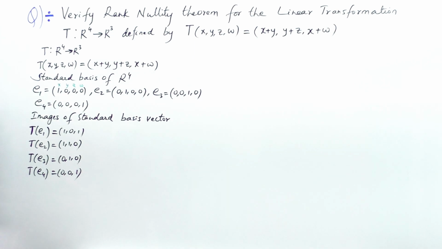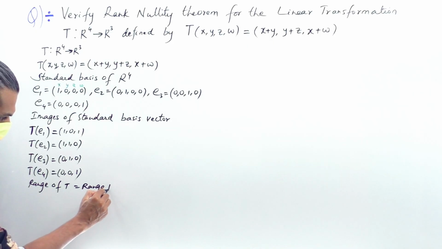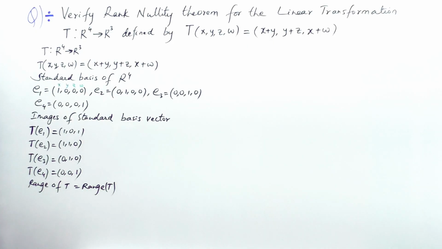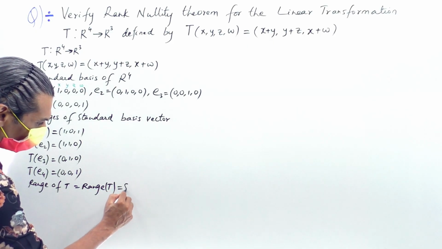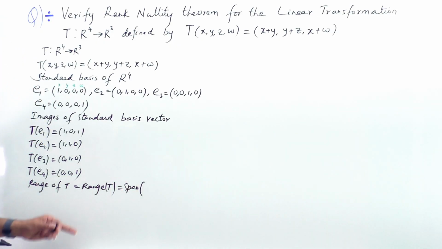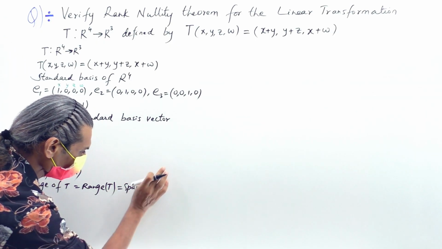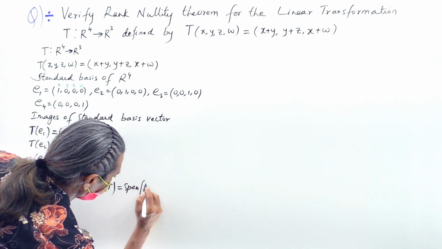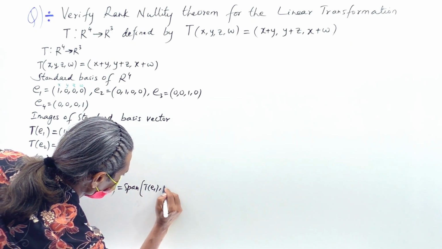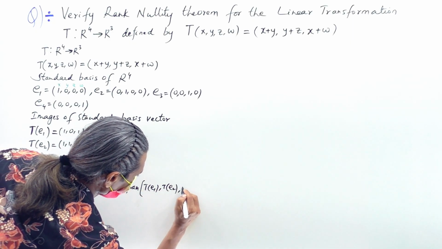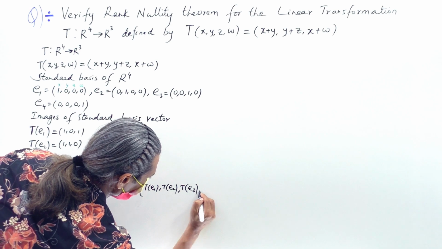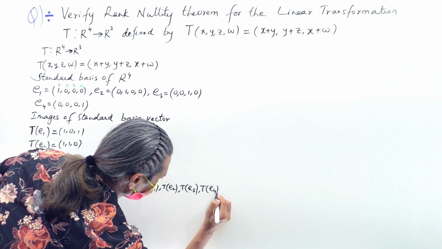Now, to write the matrix A, I'll define it here as the range of T, that will be nothing but the span of TE1, TE2, TE3, TE4.